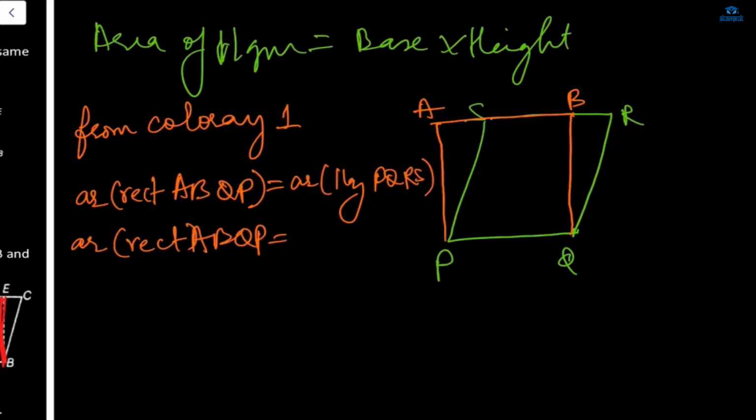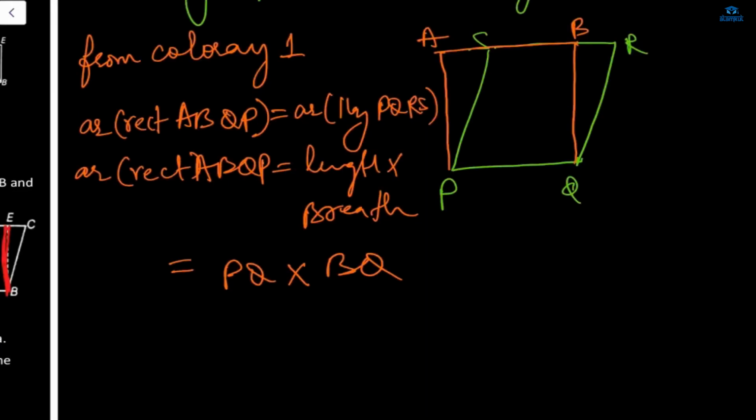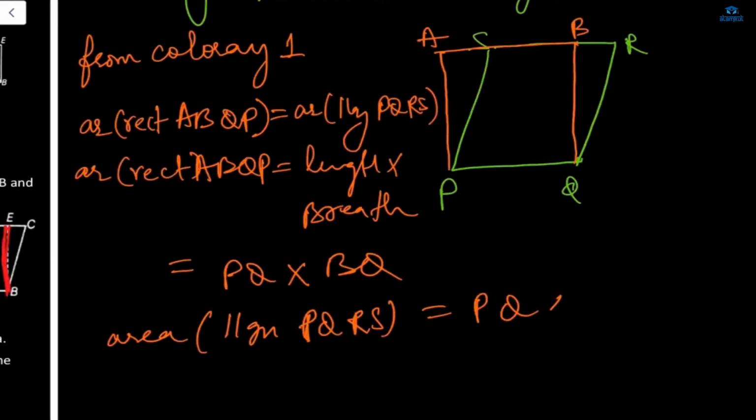Now the area of rectangle ABQP will be equal to length into breadth, which is equal to length, I'm taking PQ, into breadth, I'm taking BQ. So the area of parallelogram PQRS will also be equal to PQ into BQ.